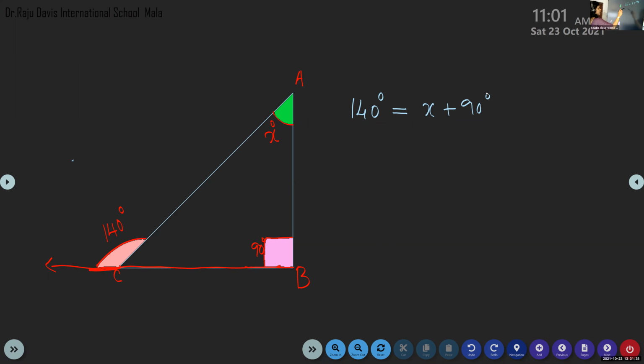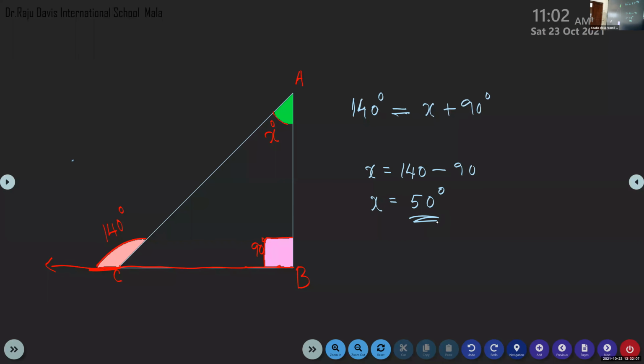Then we can say that 140 degree is equal to x plus 90 degree. So 140 degree minus 90, isn't it? What is x? So x we can write as the total minus what is given. So x is equal to 140 minus 90. We will get x is equal to 50 degree.